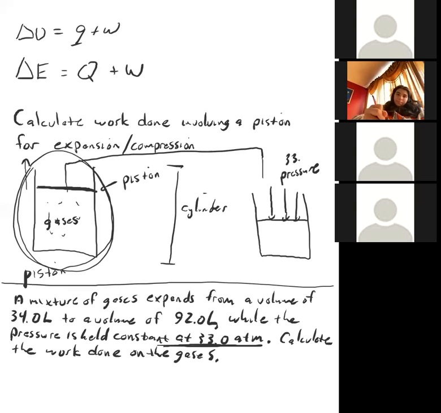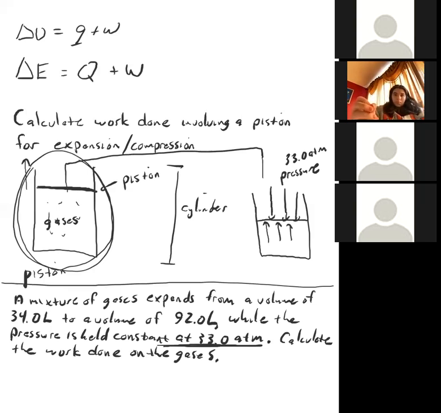And that's the 33.0 atmospheres. So if the gas is going to expand, you know, this is essentially Newtonian physics. If the gas expands, the gas has to produce a pressure that's equal to 33 atmospheres. So if it can produce a pressure that's equal to 33, it'll start pushing the piston up.